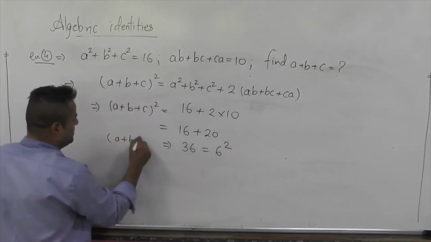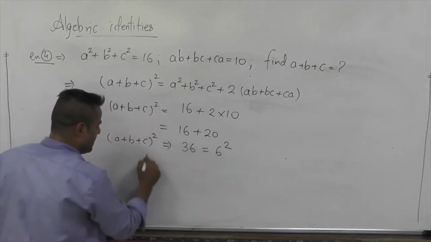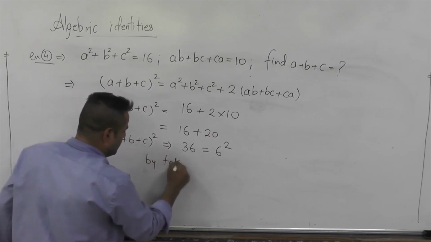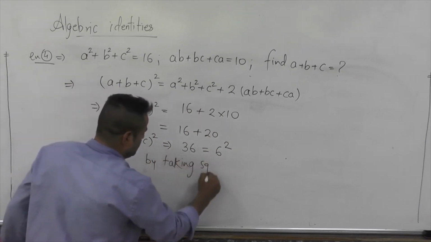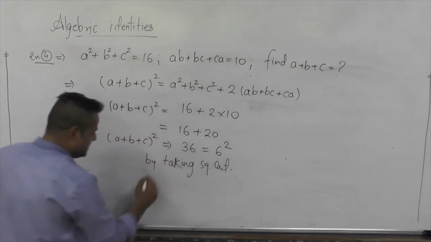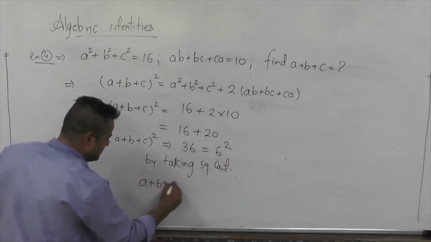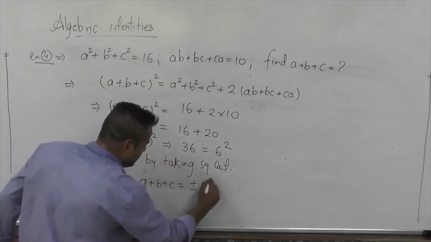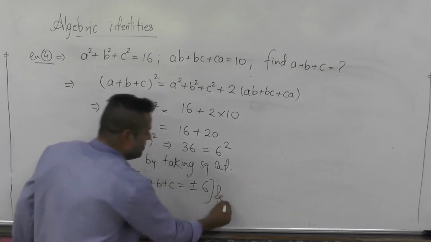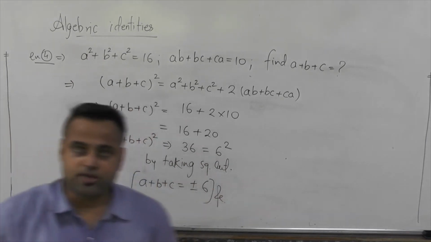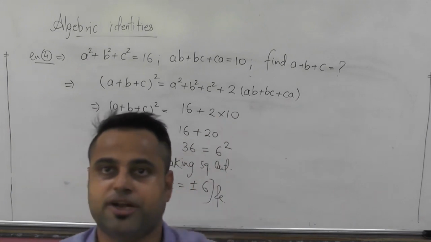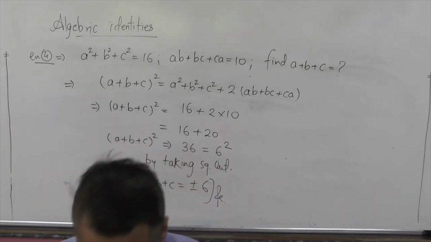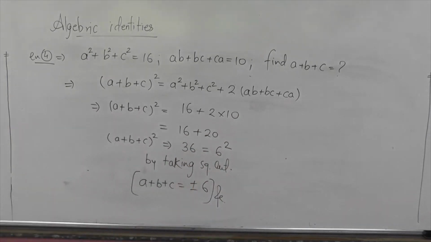So a plus b plus c whole square is equal to 6 square. By taking the square root, you get a plus b plus c is equal to plus minus 6. Remember again, why plus minus 6? Because plus 6 square is also 36 and minus 6 square is also 36.